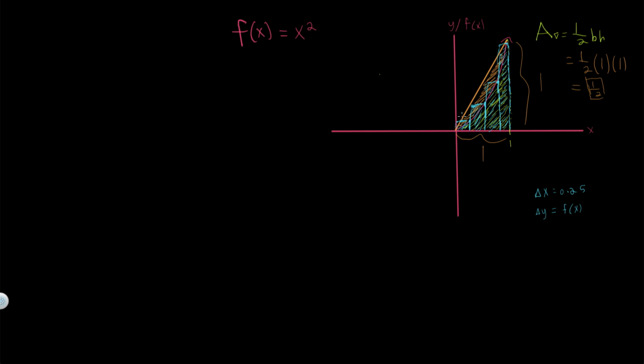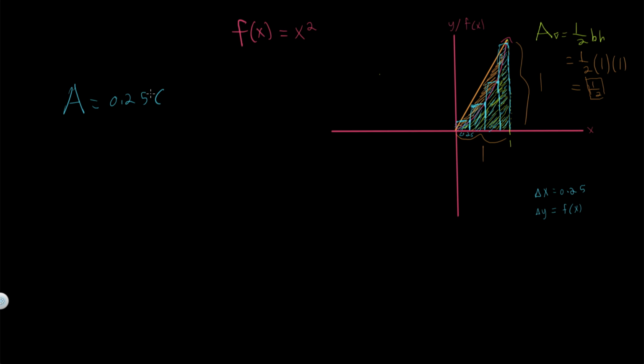So let's do that. Well, first thing we know is that the base lengths of all rectangles are 0.25. So the area of the blue part is going to be 0.25 times the height of the first one.